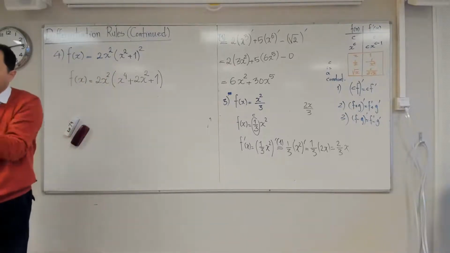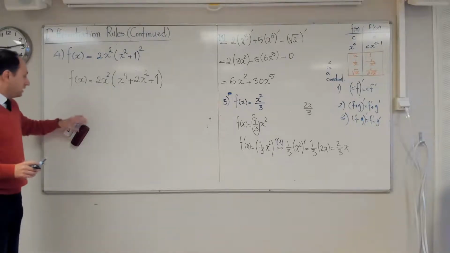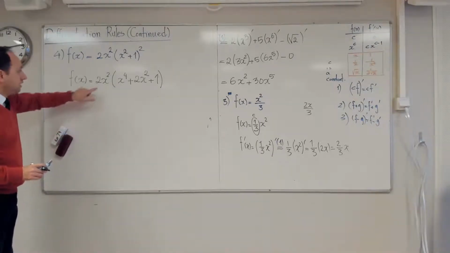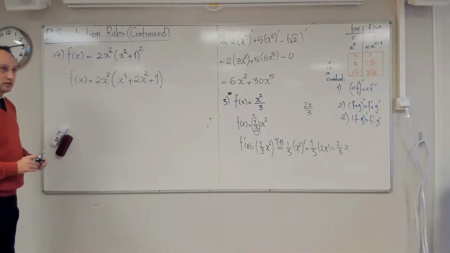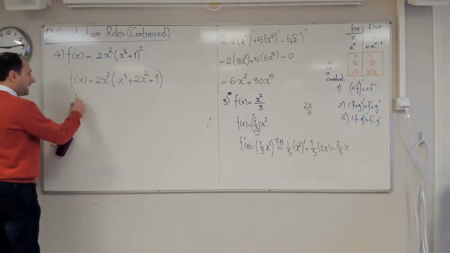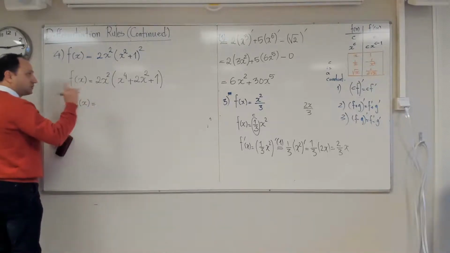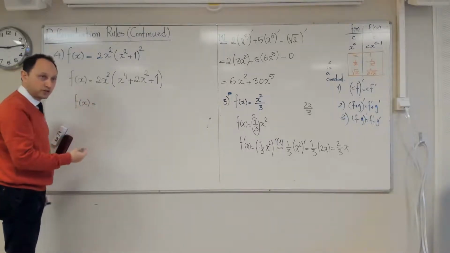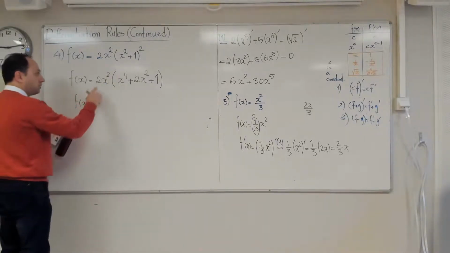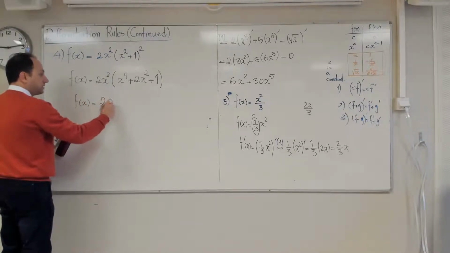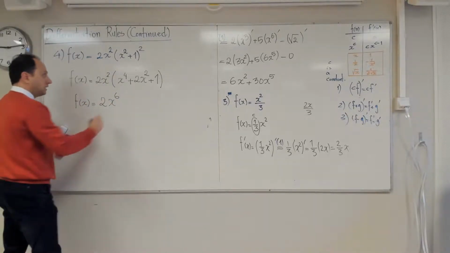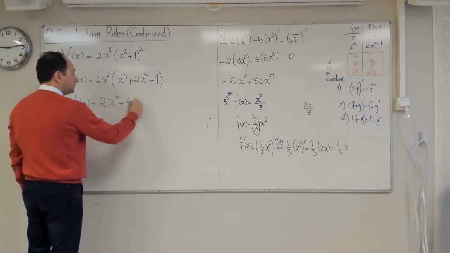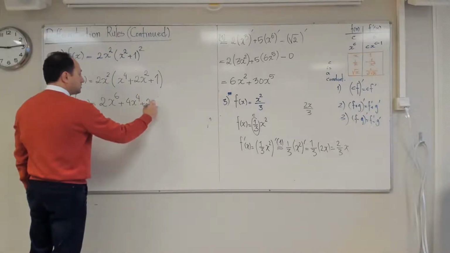So if it is a product, you need to wait. But there is a way out of it. What can I do? I can multiply it inside. You see, I haven't started. This is why chapter 1 was very important, because you have to learn to simplify sometimes. Okay, so I multiply this. What's the answer? 2x to the 6, and then plus 4x to the 4, plus 2x to the 2.